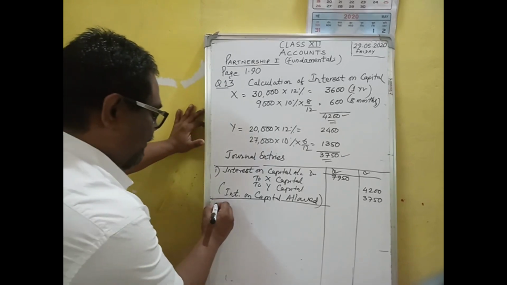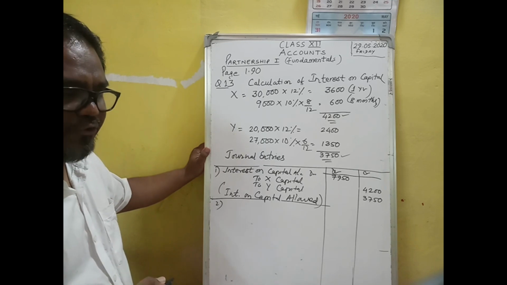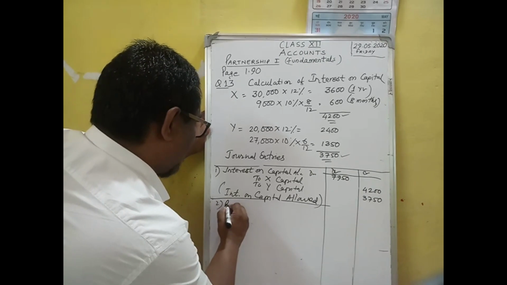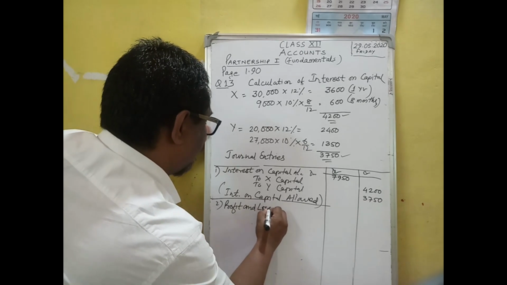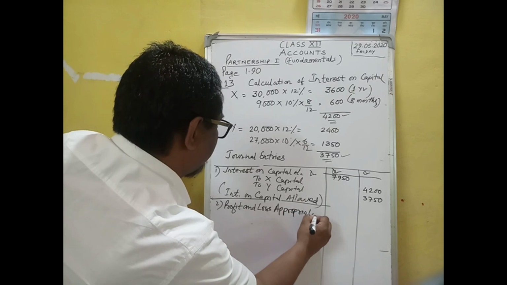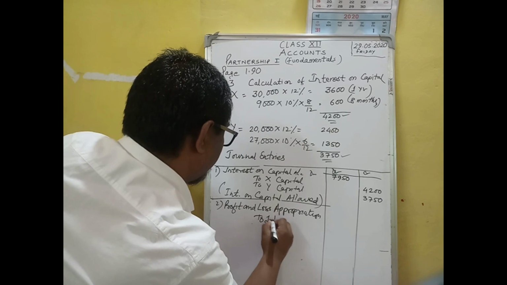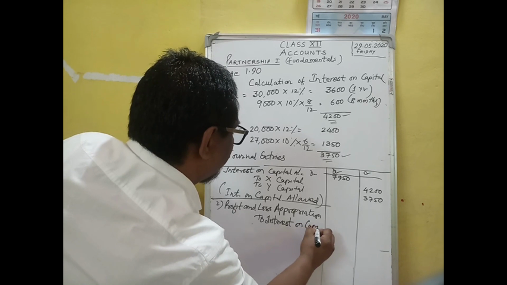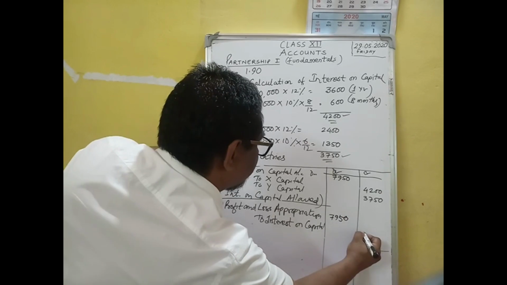Now, next entry. Interest on capital is to be transferred to the profit and loss appropriation account. The journal entry is: profit and loss appropriation account debited to interest on capital, 7,950.